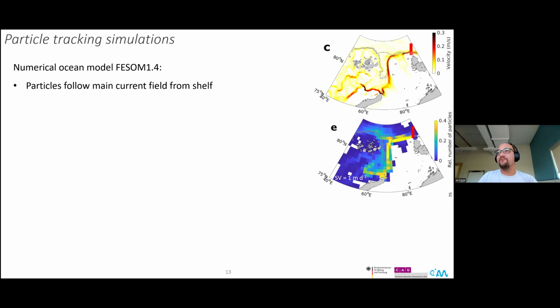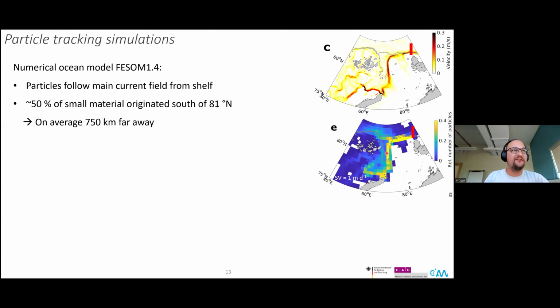And then we released particles in the dense water there. And we saw that here is the backtracking. So the color code shows you where the particles reached the surface in the backtracking, so where they're formed. And 50% of the small fraction there originated south of 81 degrees north, so on the shelf. And the trajectories were on average about 750 kilometers far away.